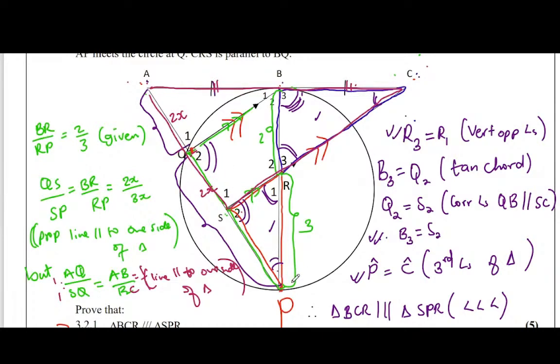So how many x's are we going to have for QP? From our first part, we said RP is the same as SP, from here up to here. So this is a 3x as well. Okay, so it's 2 is to 5.